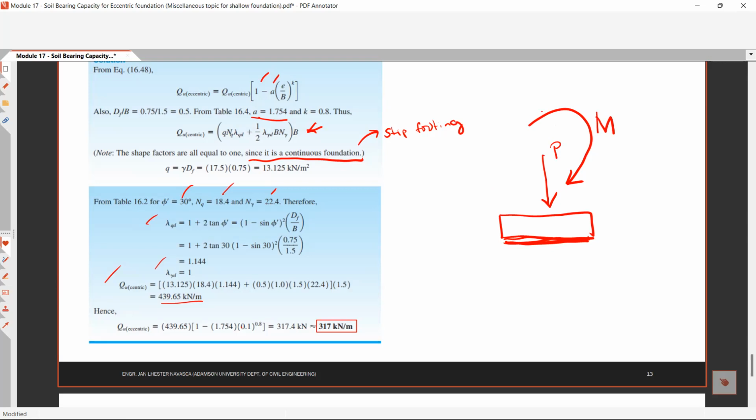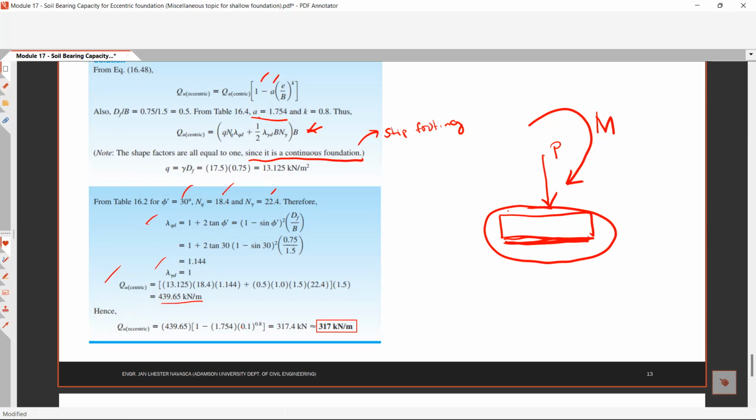Kung malaki yung moment, yung P, yung compressive force na binubuhat netong ating foundation, is mababawasan kasi yung M para siyang righting moment. So malaki yung righting moment mo. Parang aangat yung foundation mo, di ba?